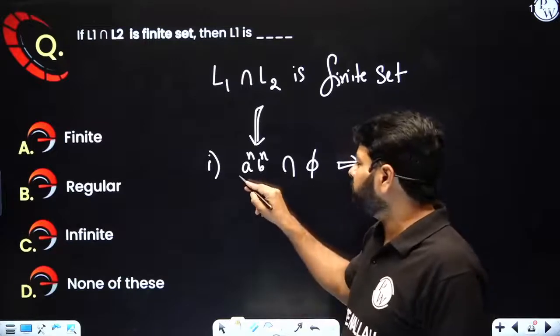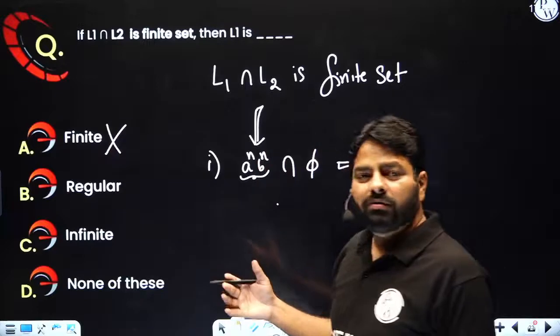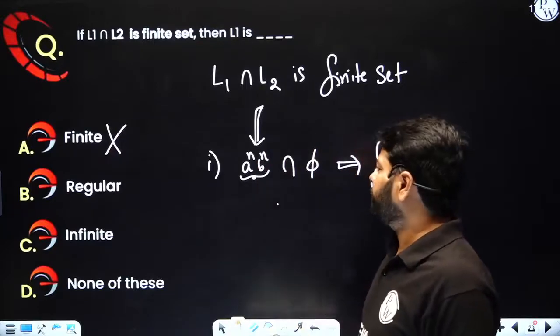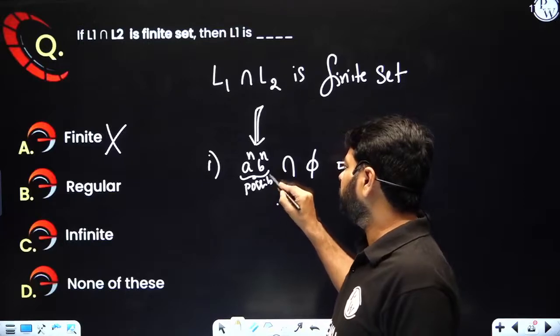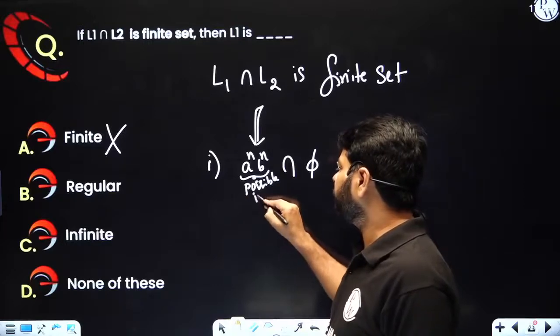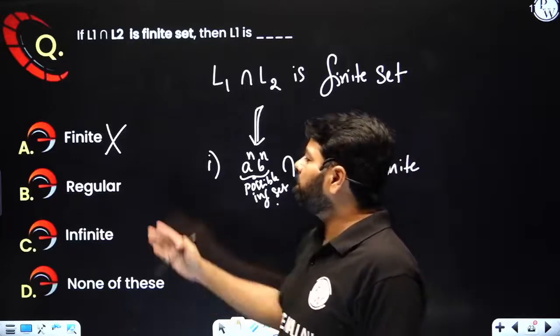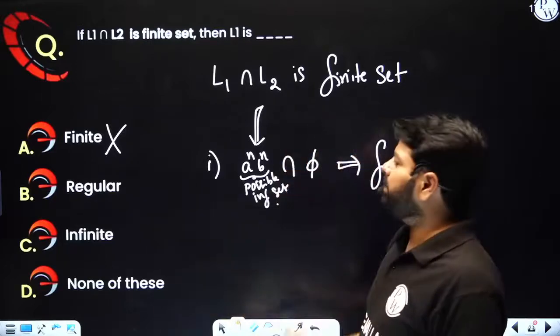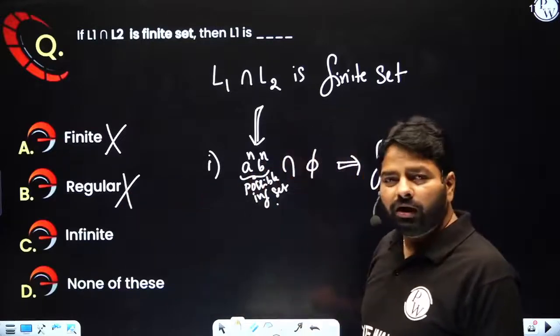It could be infinite. So that's why option A is cancelled. I'm not saying always. Infinite is possible. This example is enough. It could also be non-regular.